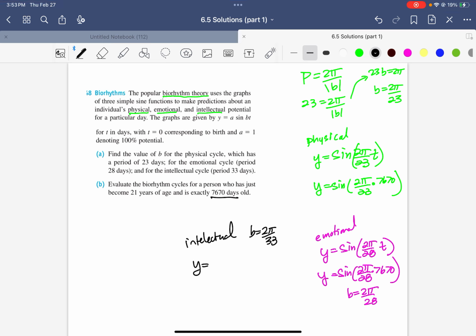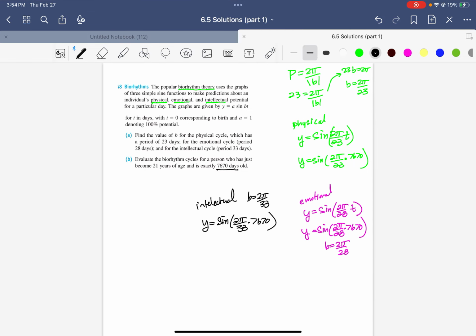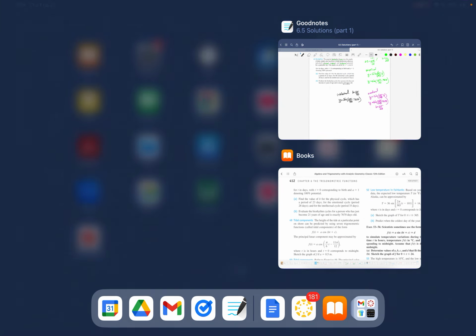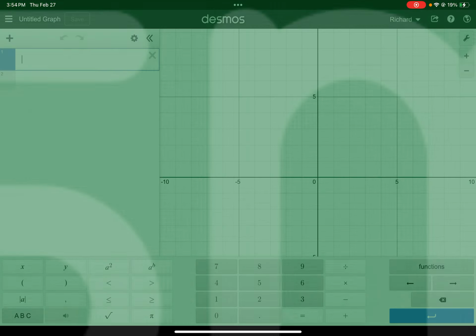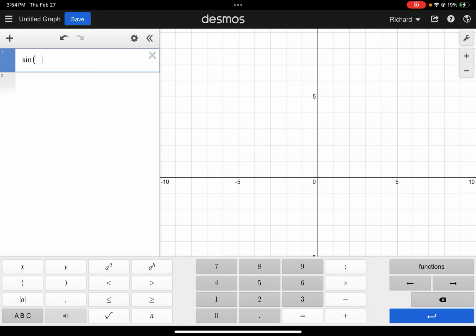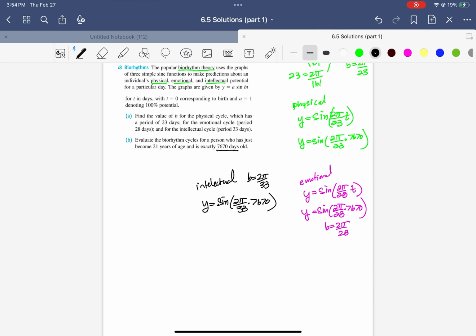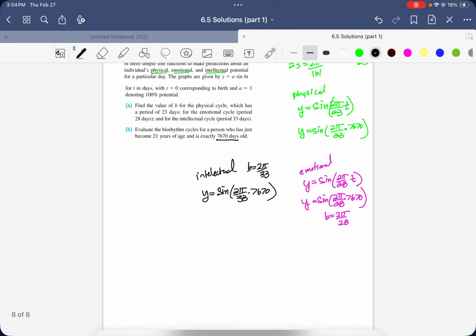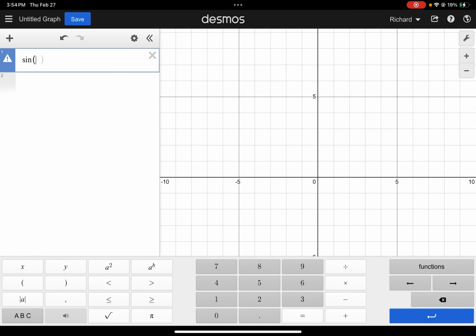Right? So we're going to go over here to our old buddy Desmos. We go to Desmos. And we need the sine of 2 pi divided by 23, times 7670. So I need a fraction. I'm just going to do it this way. 2 pi divided by 23, times 7670.